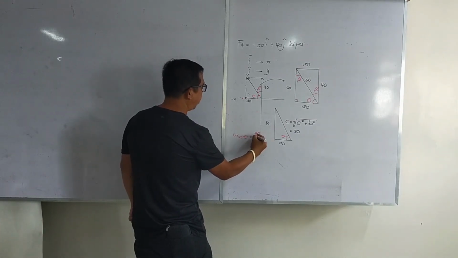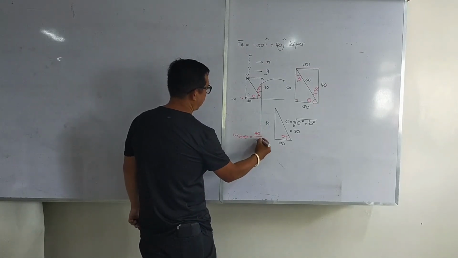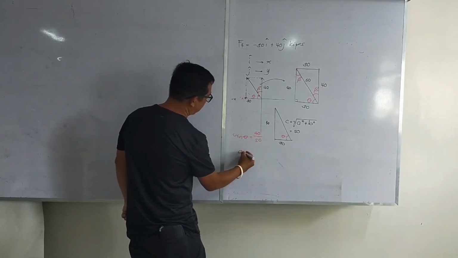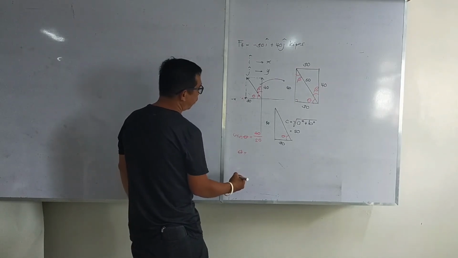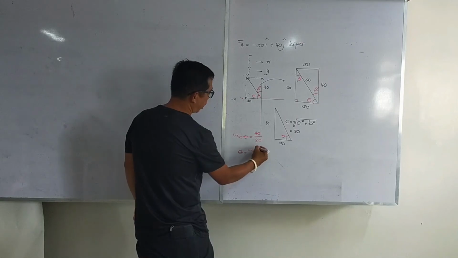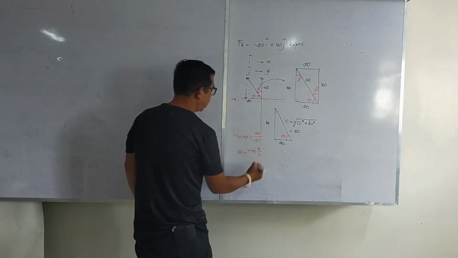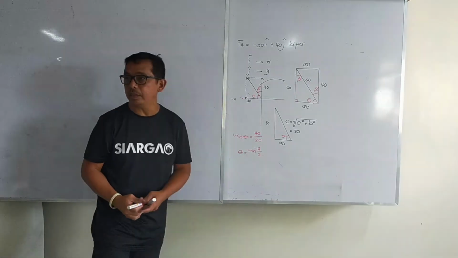That is 40 all over hypotenuse 50. So solving for theta would be 4/5. What is the inverse sine of 4/5?